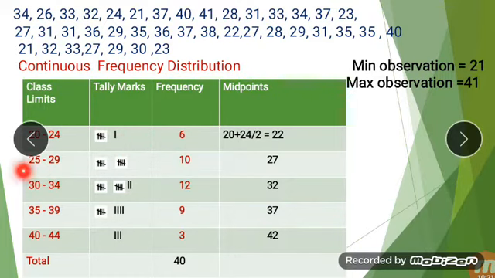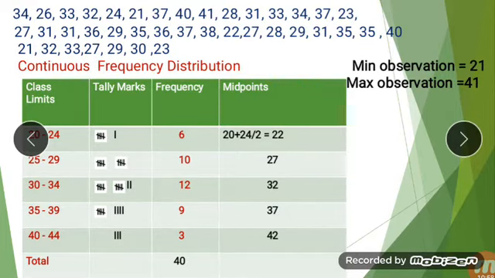Now we have to see how many students have weight between 25 and 29. We can see here 26, 1, 2, 3, 4, 5, 6, 7, 8, 9, and probably it will be 10.